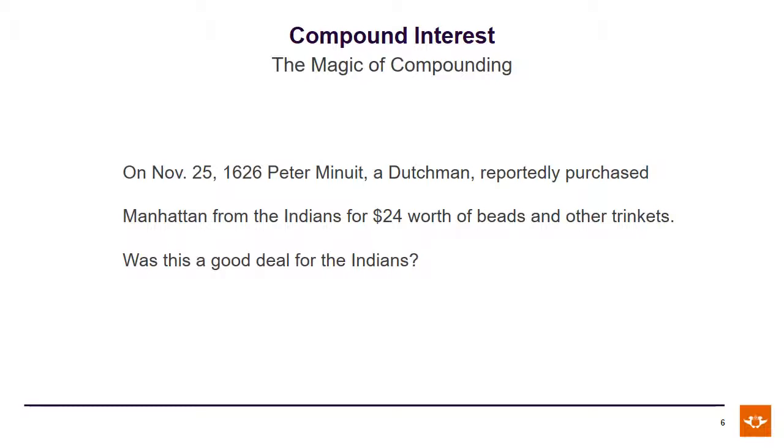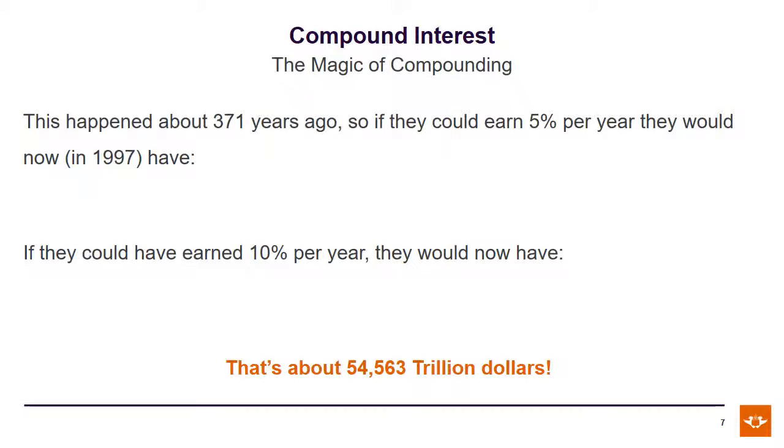So if we look at this example from America, on November the 25th, 1626, Peter Minuit, a Dutchman, reportedly purchased Manhattan from the Indians for $24 worth of beads and other trinkets. Question is, was this a good deal for the Indians? Well, let's look at the magic of compounding.